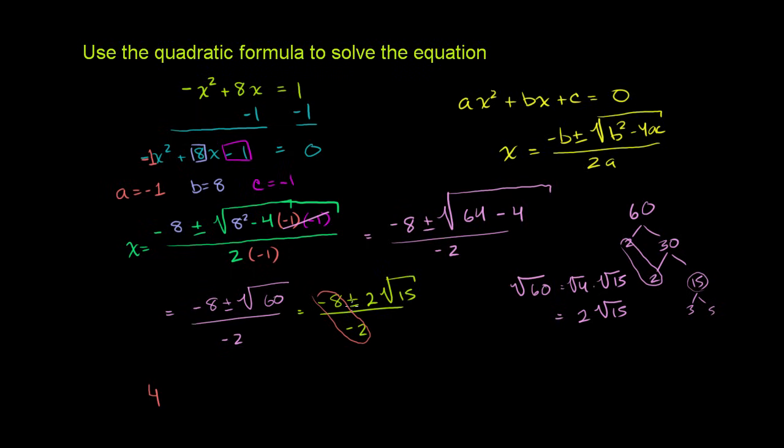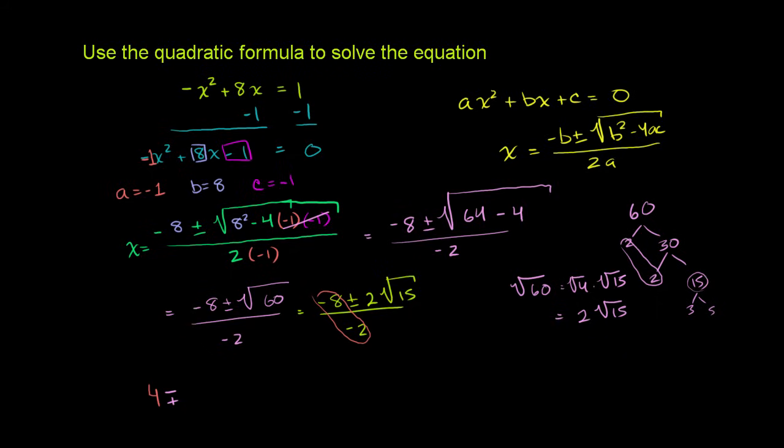Really what we have here is two expressions. If we're plus 2 and we divide by negative 2, it will be negative 1. And if we take negative 2 and divide by negative 2, we're going to have positive 1. So instead of plus or minus, you could imagine it now as being minus or plus. But it's really the same thing. If it was plus, it's not going to be a minus. Now if it's a minus, it's not going to be a plus.